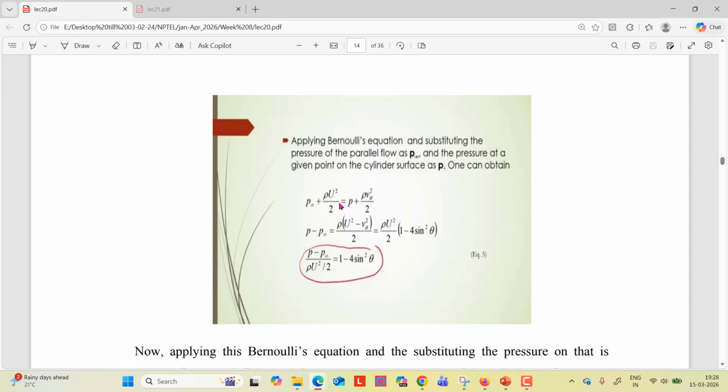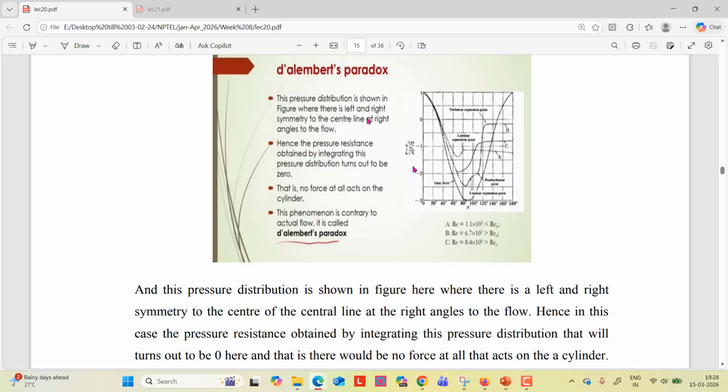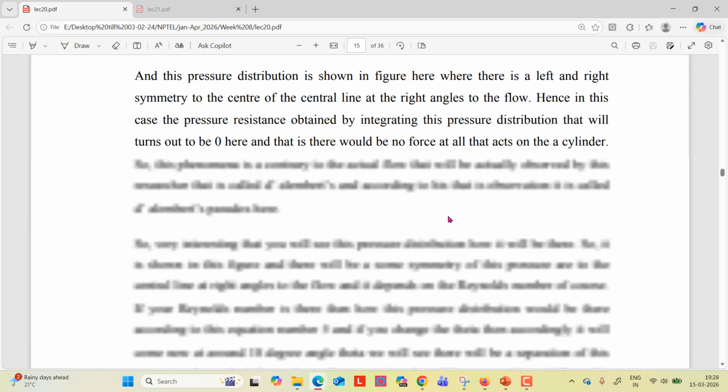So it is P infinity plus rho u square by 2, and at the edge of the particle it is P plus rho v theta square by 2. Now you can put the values of this, and this is coming like this. So this is the ratio for different Re, how this value is changing in this case.